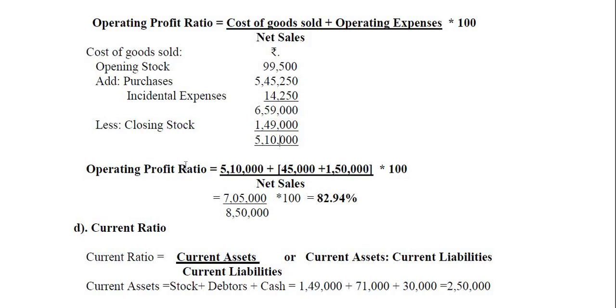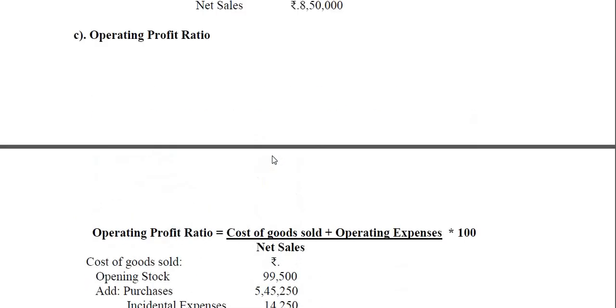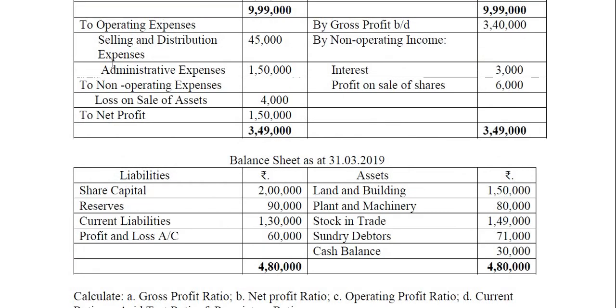Yes, operating ratio, not operating profit ratio. Operating ratio is equal to 5,10,000, that is cost of goods sold, plus operating expenses, selling and distribution expenses and administrative expenses.